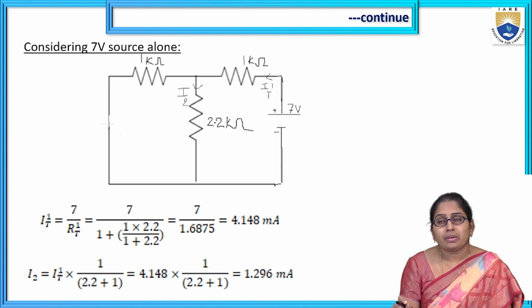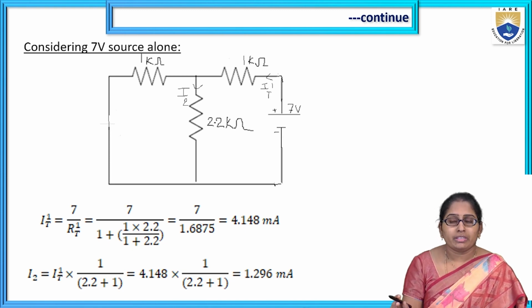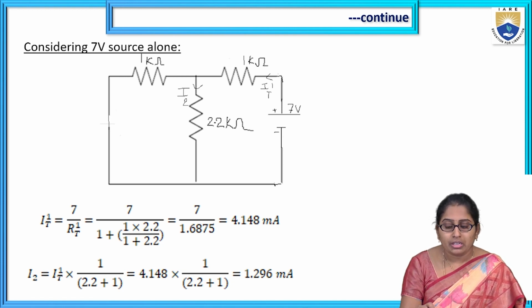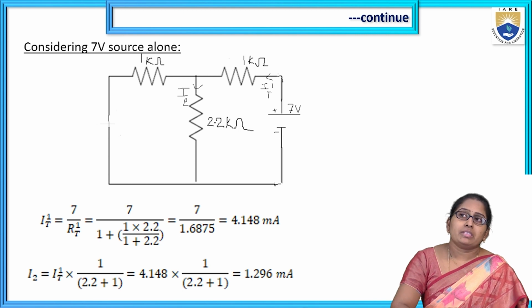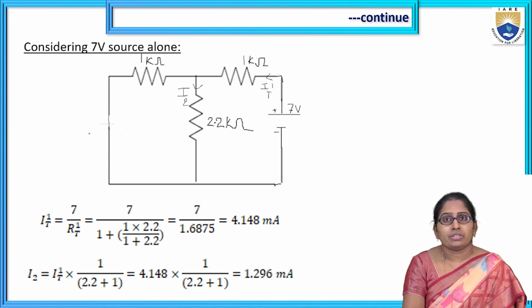Next, second step. Now consider only the 7 volt source in operation, and replace the 5 volt source with its internal resistance. That means the 5 volt source is replaced with a short circuit here.